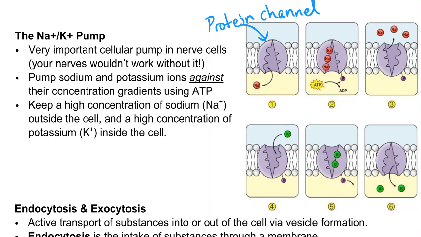That's pretty crazy, but that's what happens: when the energy is released from the ATP, the phosphate group causes a change in the shape of the protein. The sodium binds on the inside of the protein, and when it changes shape, the sodium gets kicked out. Then potassium can bind, and it can flow in.